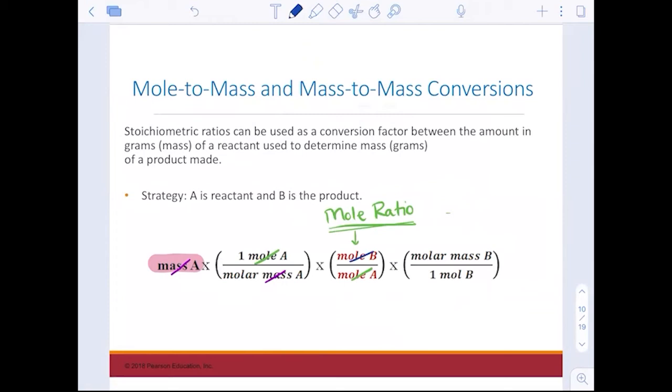And then those moles of B can be converted to grams of B. So we can actually go from the mass of one reactant to the mass of another substance, whether that's a reactant or product. We can interconvert with masses, but again, the overarching idea there is we have a balanced chemical equation and a mole ratio.